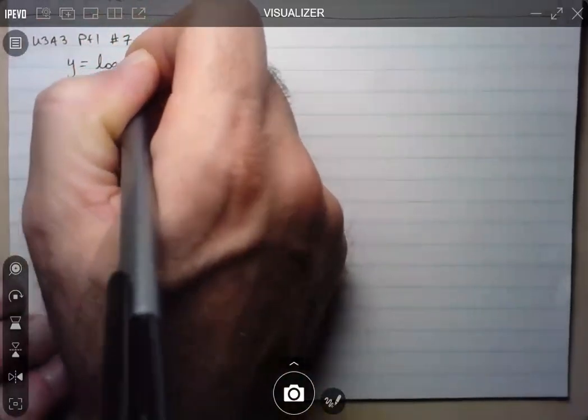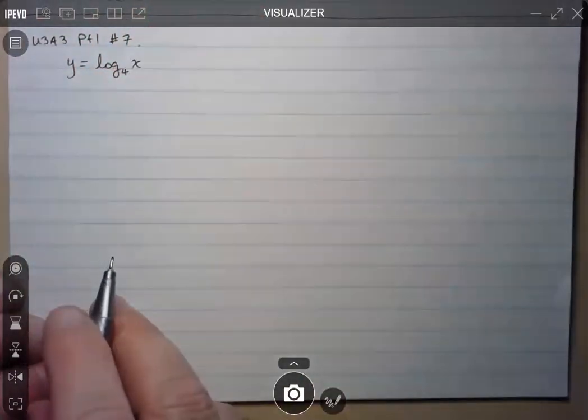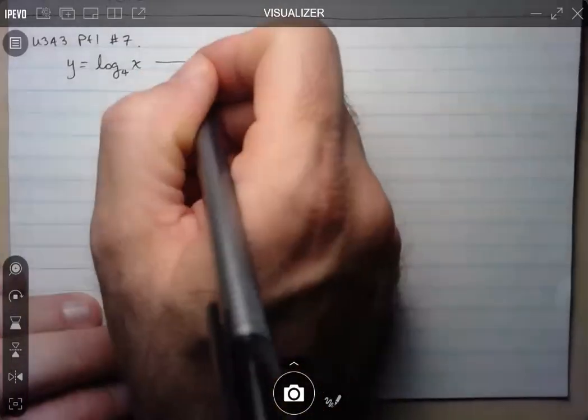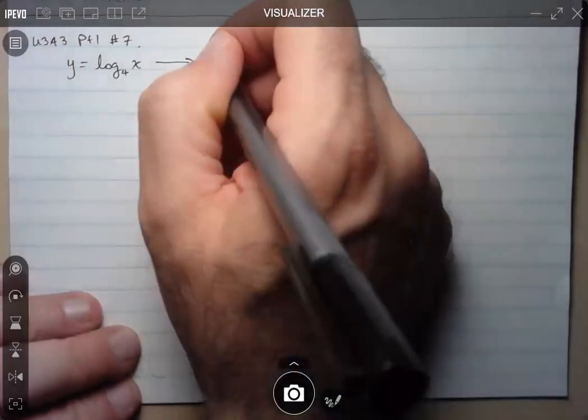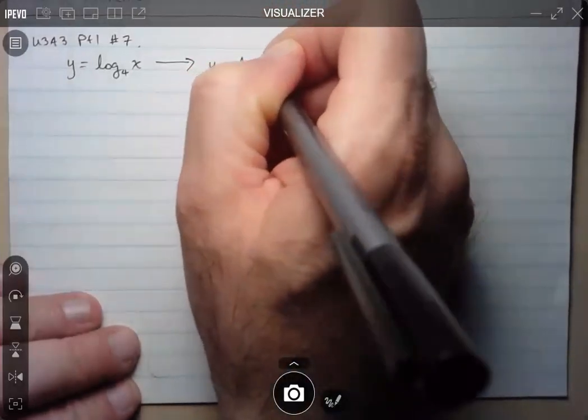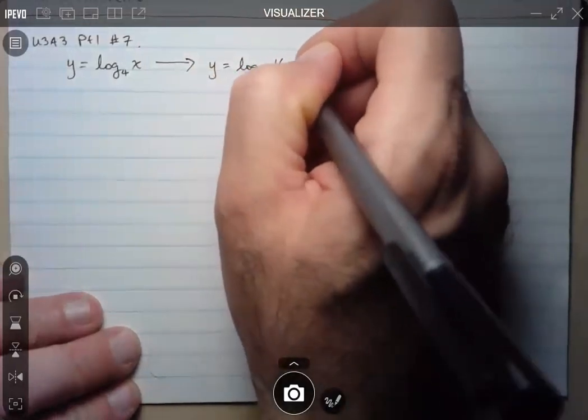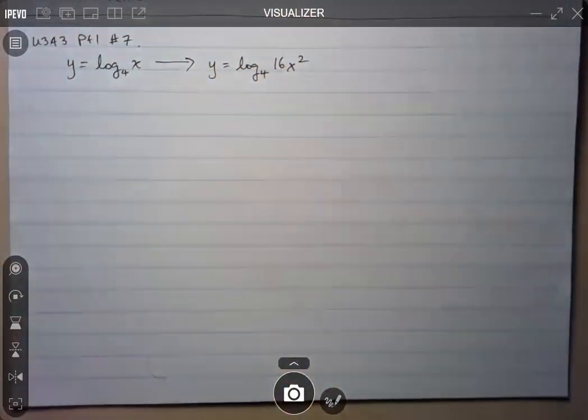So that's telling me that we're performing transformations on this function, and that's being transformed to y equals log base 4 of 16x squared.